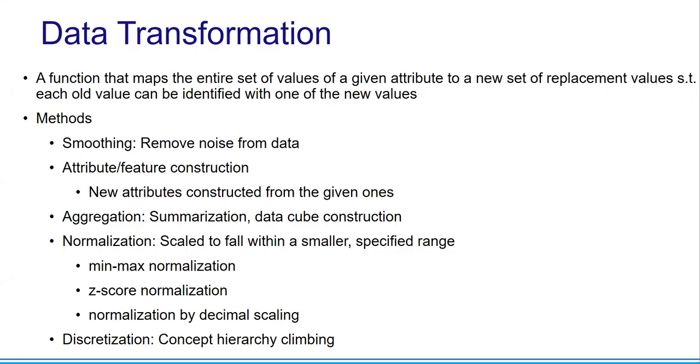This is the video for data mining course, and I would like to continue to this topic about data transformation. Data transformation is a function that maps the entire set of values of a given attribute to a new set of replacement values.